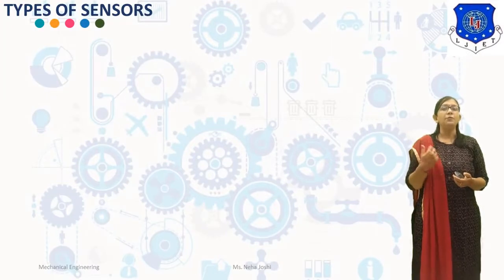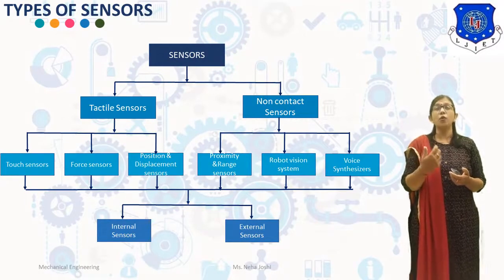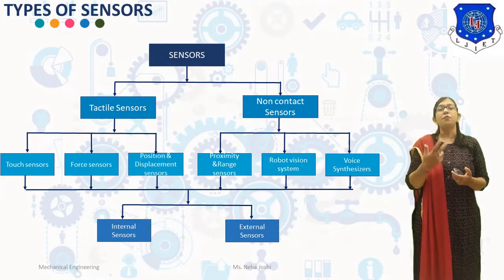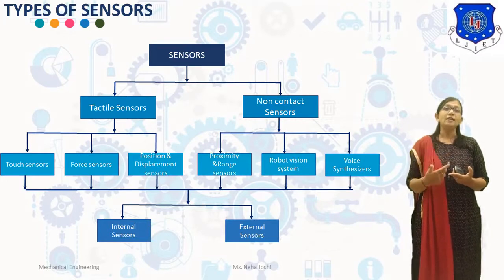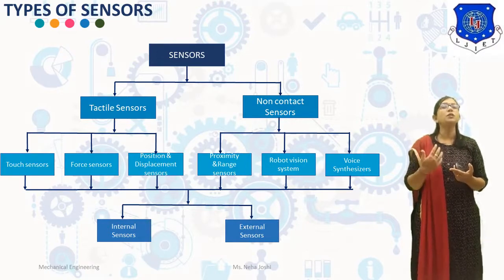Now, we will discuss the types of sensors. Based on the context, sensors can be defined in two categories. The first one is tactile or contact sensors, and the second one is non-contact sensors. Contact sensors are divided into three categories: touch sensors, force sensors, and position and displacement sensors.